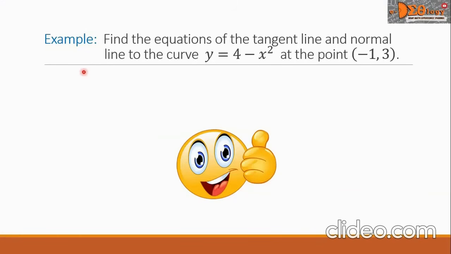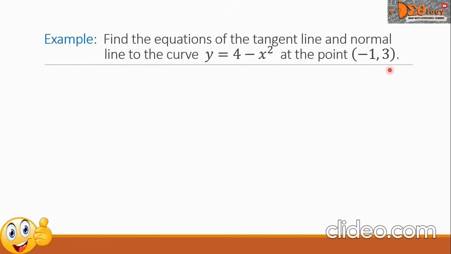Let us see this example. Find the equations of the tangent line and normal line to the curve y equals 4 minus x squared at the point negative 1, 3. For our solution, the step 1 is find the slope m.